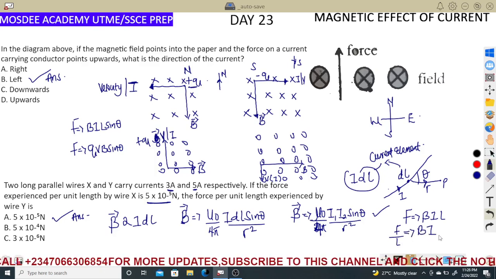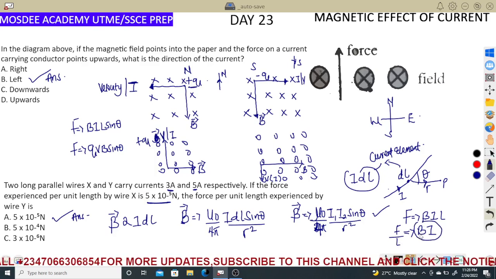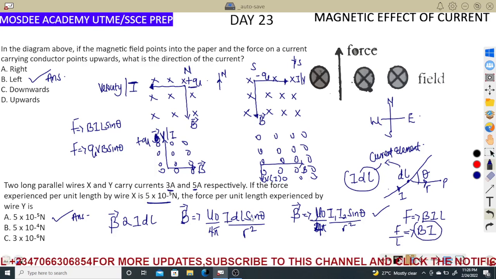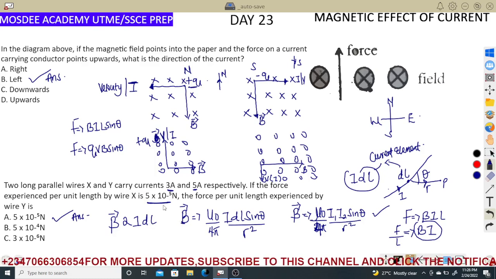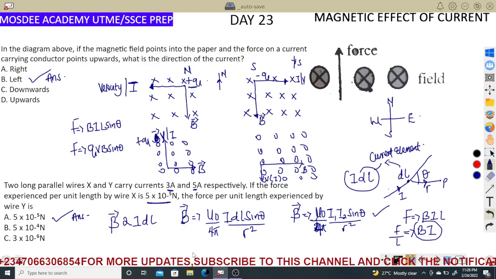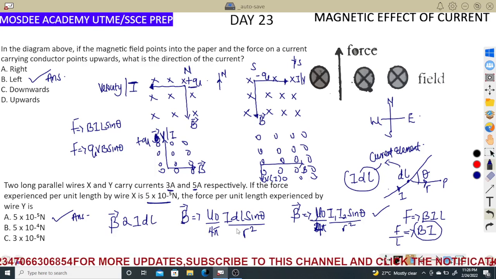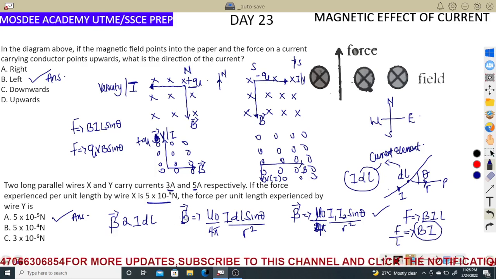This is BI. So force per unit length is B multiplied by I. And B is proportional to IDL, which we call the current element. So the force per unit length of the first one will be the same as the force per unit length of the second one. If you substitute the formula parameters and the constants, they will still give you the same value. So please keep it at the back of your mind that it doesn't change.